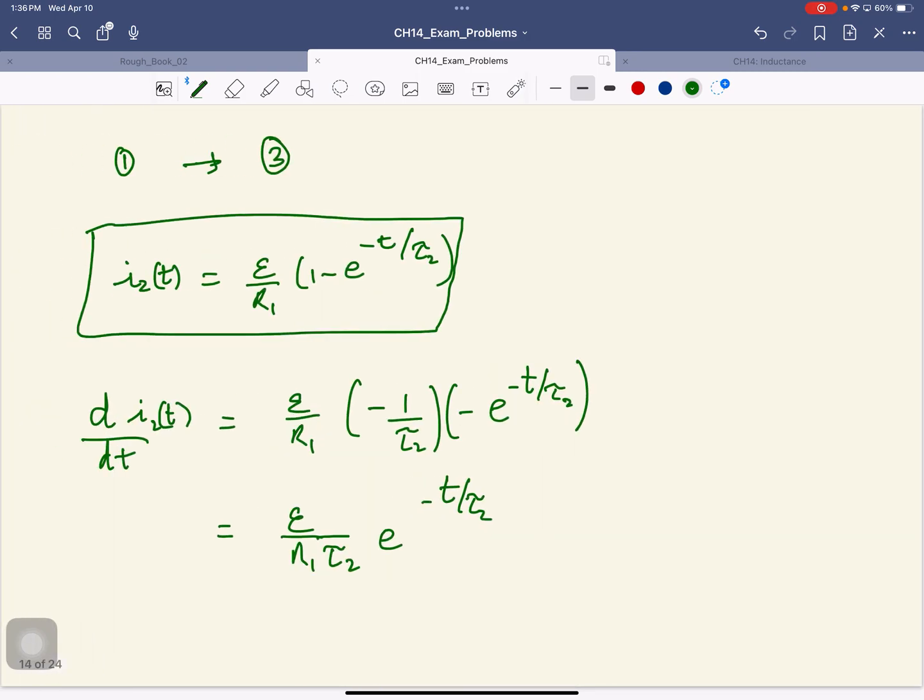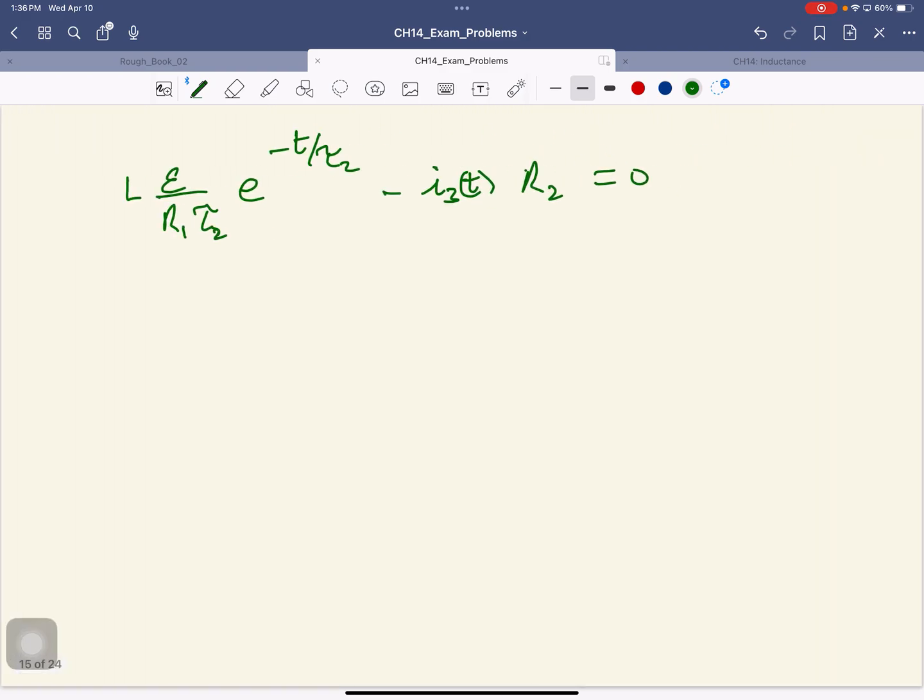At t equal to infinity, this goes to 0, this goes to 1, and we run into a problem.